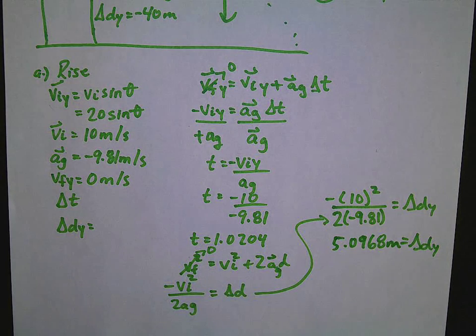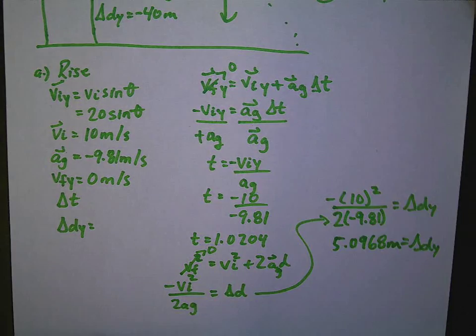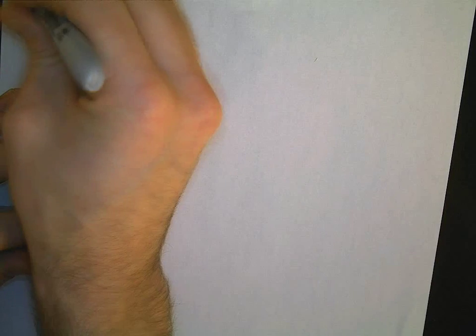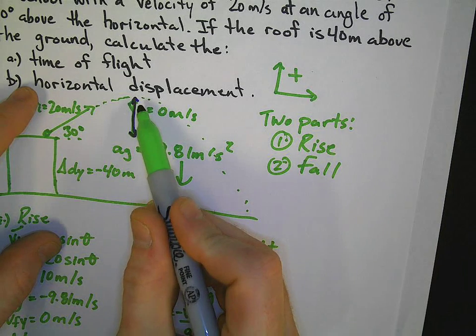Because the next part of our motion here is the fall. So that was the rise portion. We're still on part A. We look at the fall now. And during that fall, I notice that at the very beginning of this motion, my initial velocity in the y direction will be 0 meters per second.